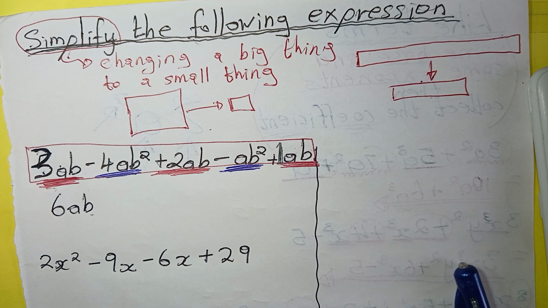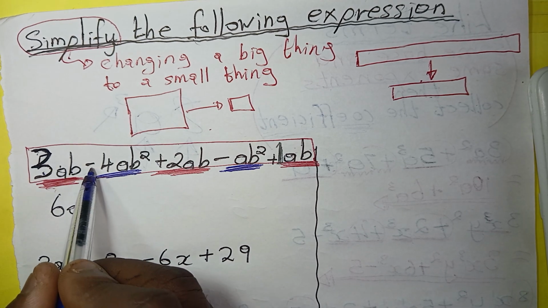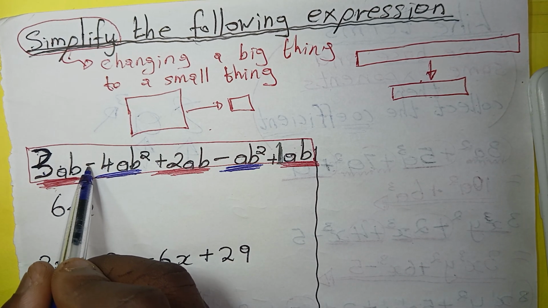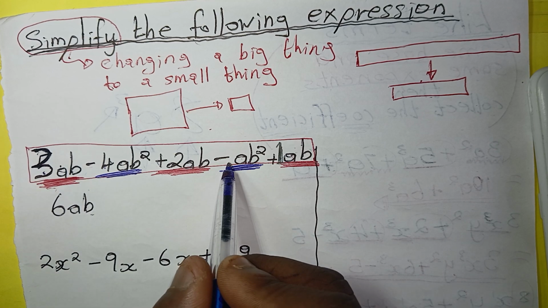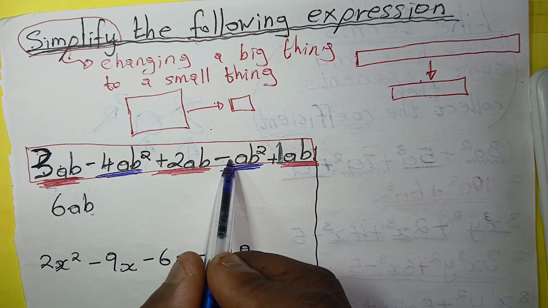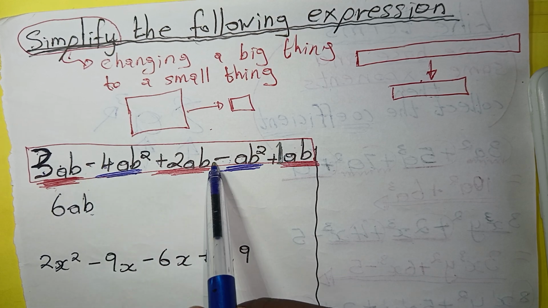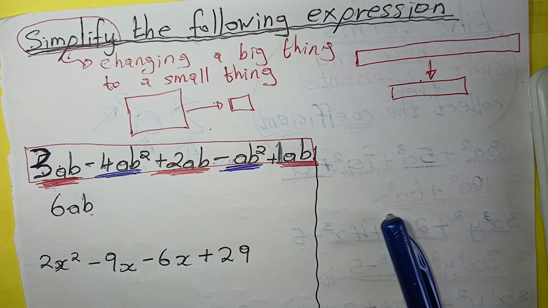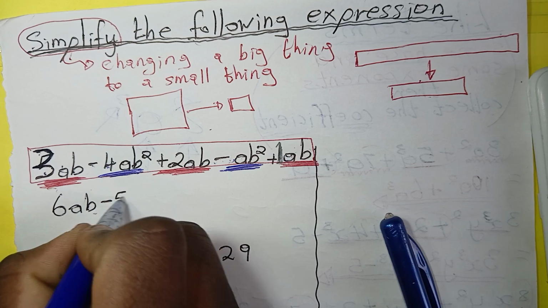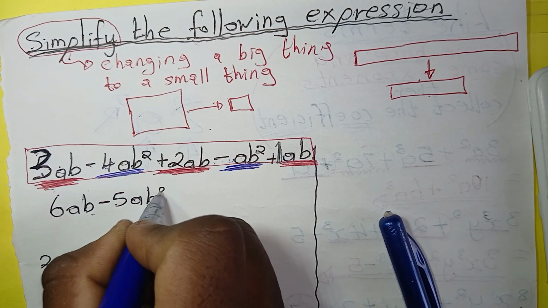Now, to collect this one, it's not 4, guys. It is minus 4. And this one, it's not 1. It is minus 1. So when you collect like terms here, you will say minus 4, minus 1. And this will give you minus 5ab.